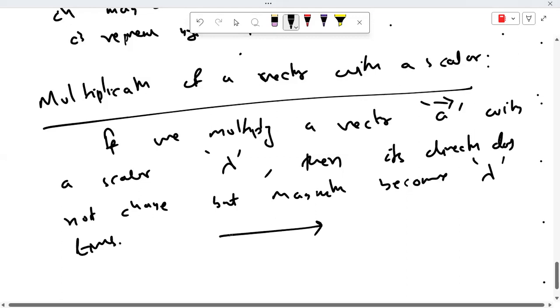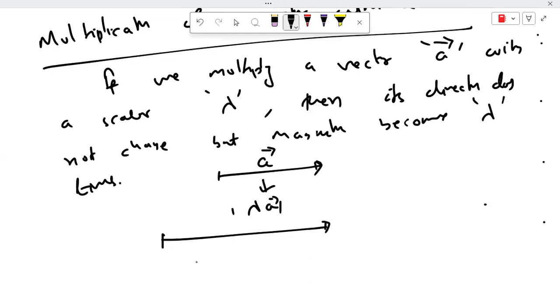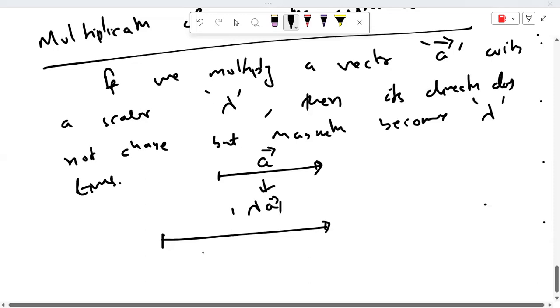As you are multiplying with a scalar, if this was vector A and you multiply with lambda, it becomes lambda A, and it will be like this. Magnitude will change, direction remains the same. Yes, sir. Okay, note it down.